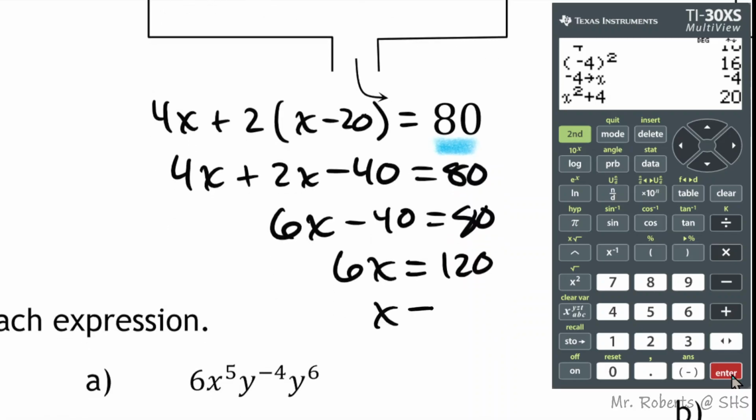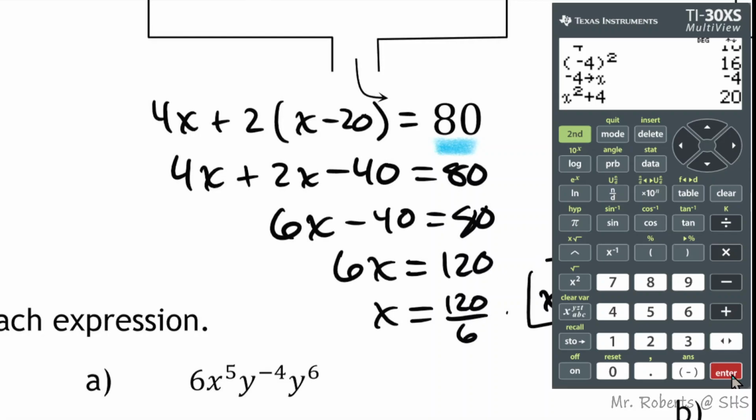And then finally, x is 120 divided by 6, which should be 20. X should equal the number 20.